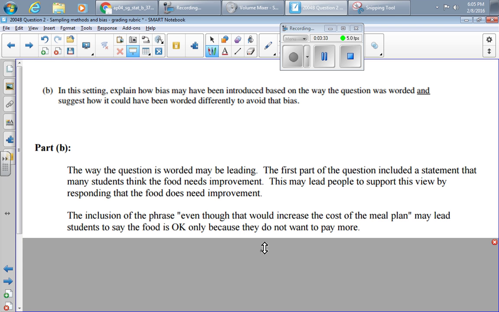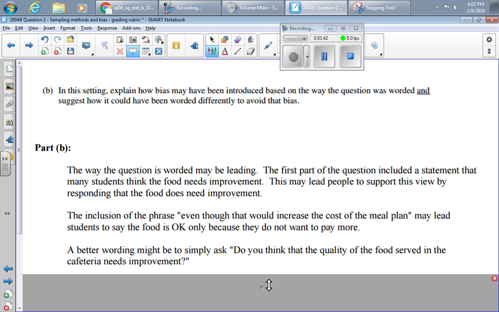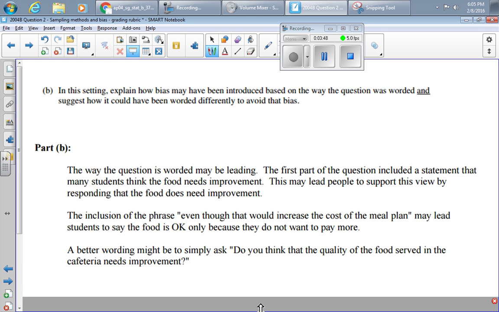They also included the phrase, even though it would increase the cost of the meal plan. Well, that might lead students to say, nah, it's okay, I don't want to pay any more. A better wording might be to simply ask, do you think the quality of food served in the cafeteria needs improvement? So you left out the beginning, some students think it does, and you left out the end, even if it costs more money.